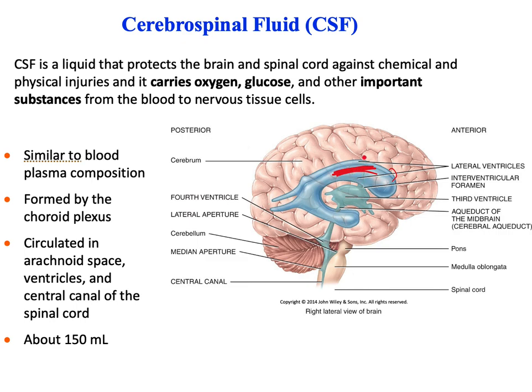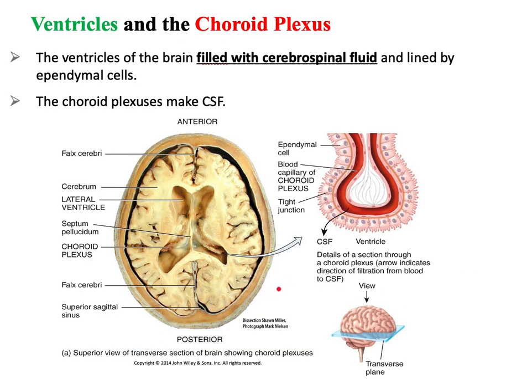That means from blood capillaries, so the components of CSF are very close to the plasma of the blood. And it's about 150 millimeter. In another textbook, they say 200 millimeter in the adult. So this is important. That means if somebody withdraws all the CSF, it's about 150 millimeter.